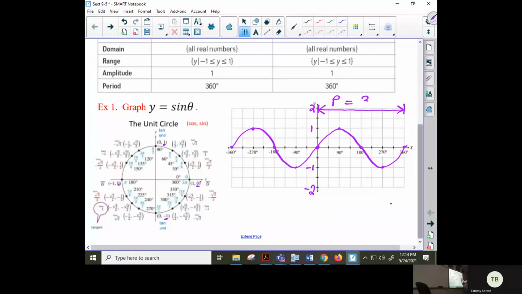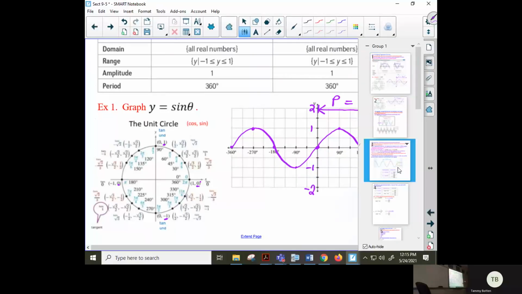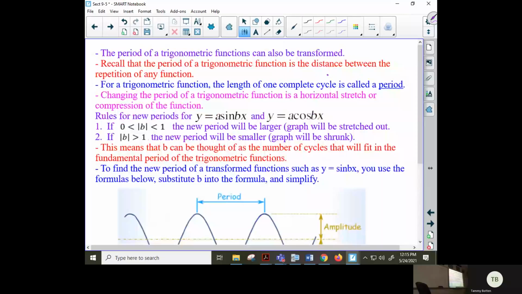One period on a sine graph is 360 degrees, okay? But what they can do is they can change how many sine functions you fit on a graph by putting a number after the sine in front of x. And actually ours, sometimes they're x, sometimes they're theta. Theta and x here would be the same thing.